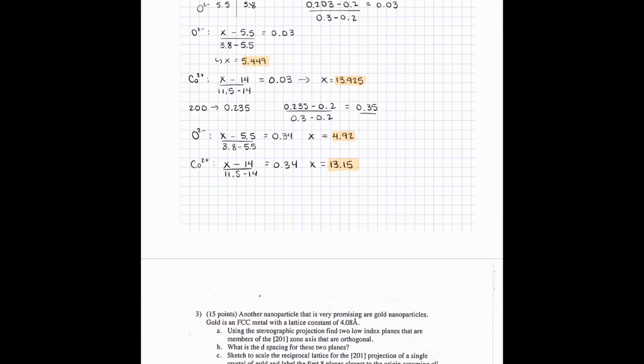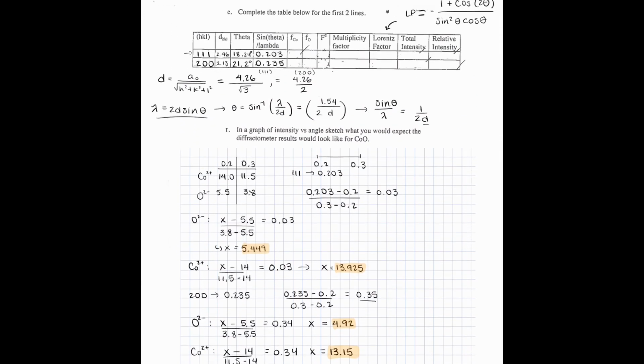So we're going to go ahead and write them in up here. For 111, we had oxygen is 5.45 and cobalt is 13.9. And 4.92 for 200 and 13.15 for cobalt.